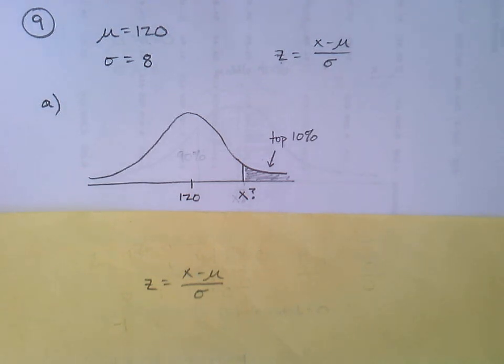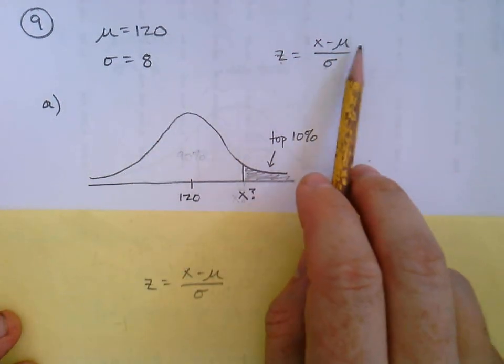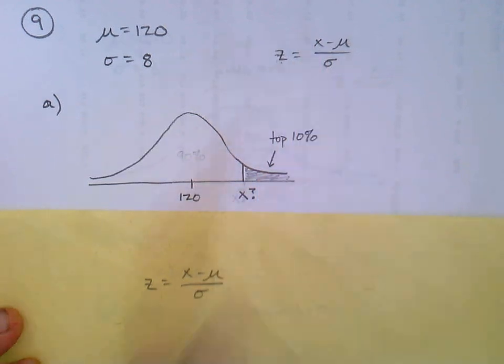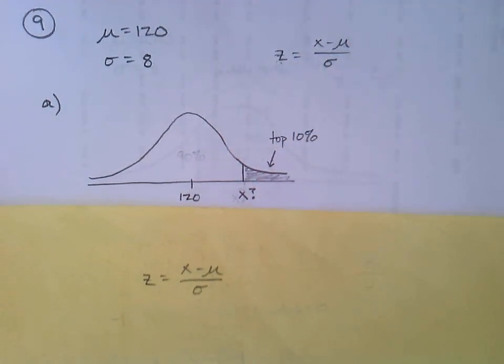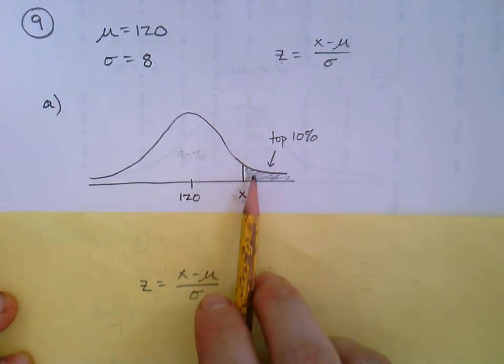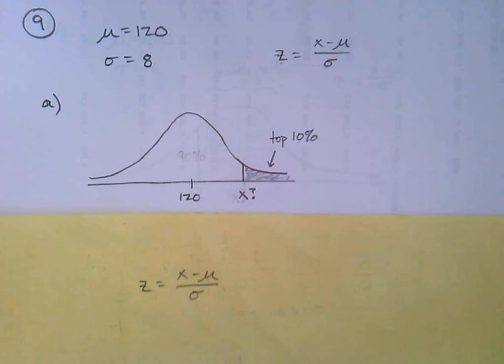How are we going to do it? Well, we know 2 pieces to the puzzle, right? We know mu, we know sigma. If we can find z, then we can solve this thing for the x, and we got it. And we'll use the 10% to do that. But this is the top 10%, and that's not how the z-table works, right?